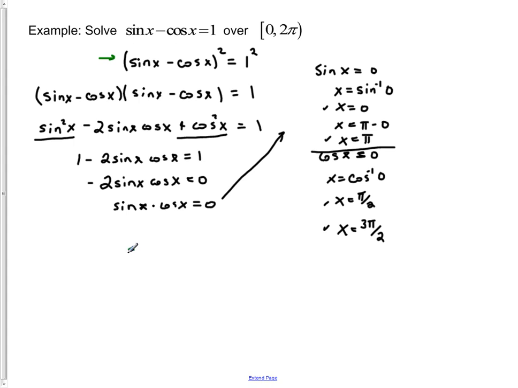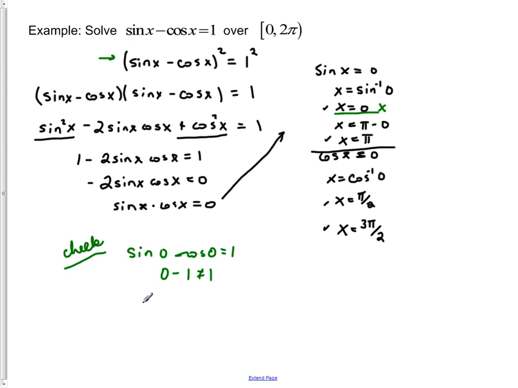Well, if we take the sine of 0 and subtract the cosine of 0, we should get 1 if this equation is true. But the sine of 0 is 0, and the cosine of 0 is 1, and 0 minus 1 is not equal to 1. So x equals 0 is not one of our solutions, right? This is why it's important to check if you do a trick like squaring both sides.